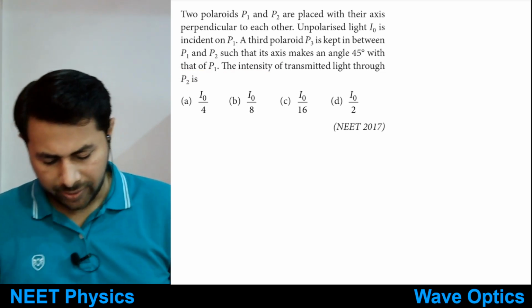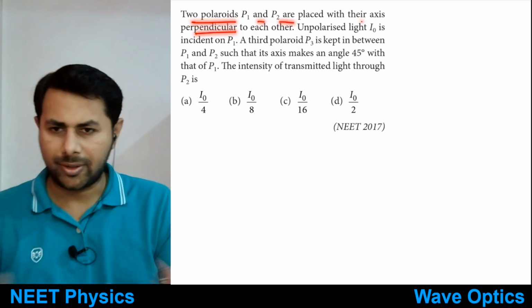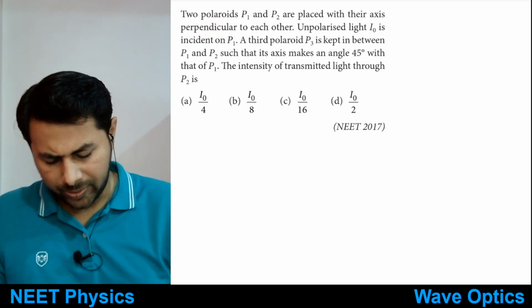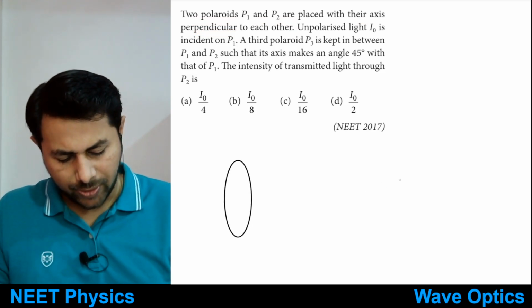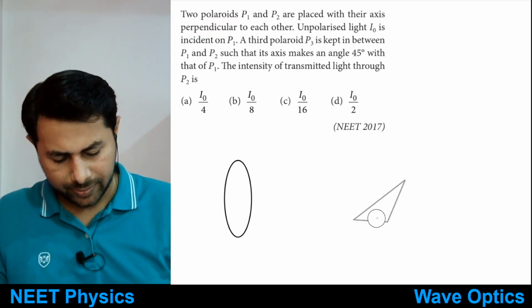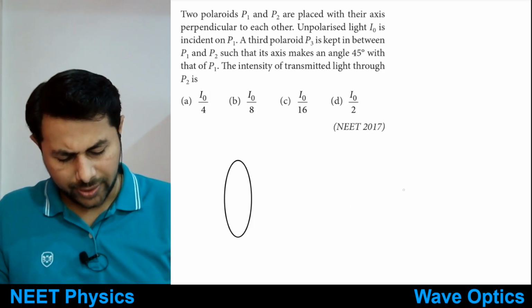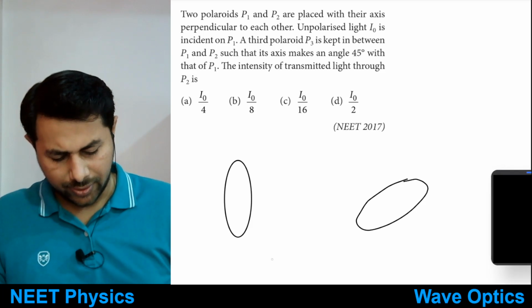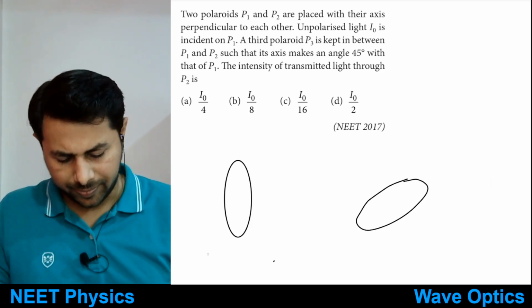So see what's given in the question. Two Polaroids P1 and P2 are placed with their axes perpendicular to each other. So this is your first Polaroid kept here. Then this is the third Polaroid, kept between P1 and P2, so it is like this. Their axes are at 90 degrees with respect to each other.